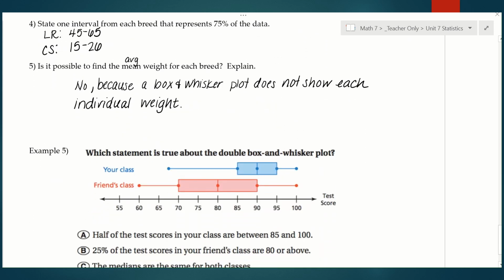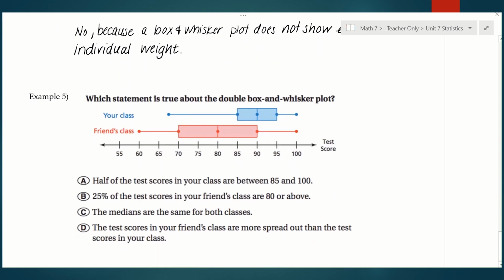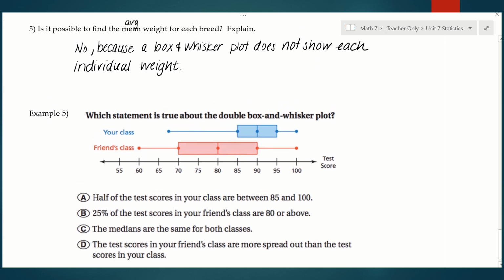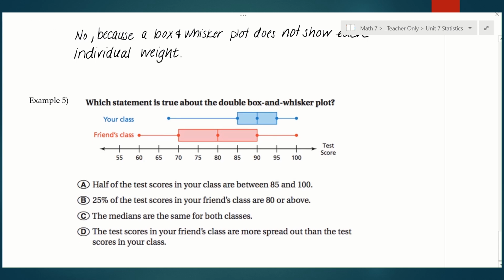Okay, we have one more, and it is a multiple choice. So we need to figure out which statement is true about the double box and whisker plot. Okay, so we're looking at your class versus your friend's class, and these are test scores. So choice A says half of the test scores in your class are between 85 and 100.